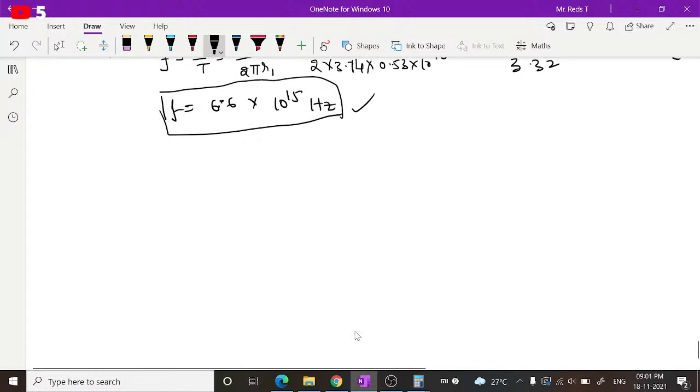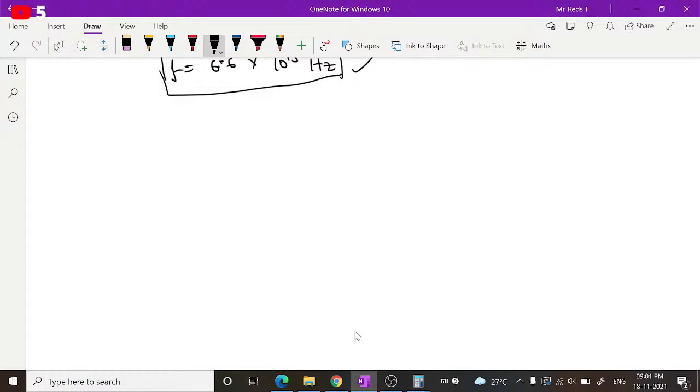What is given here is in the next question, number 12, page number 226. The question is, when a hydrogen atom emits a photon of energy 12.1 electron volt, its orbital angular momentum. What is orbital angular momentum? L. So what is the relation in between this? Have you tried?